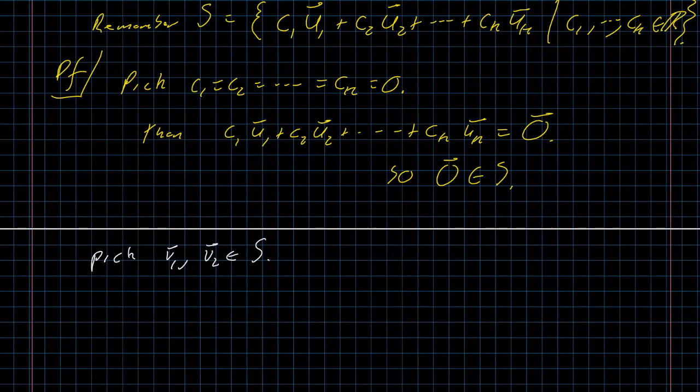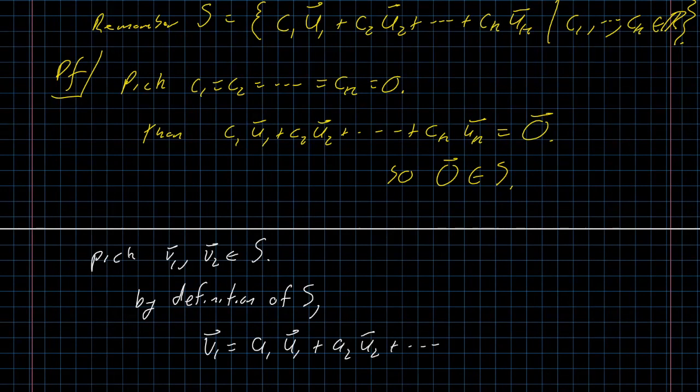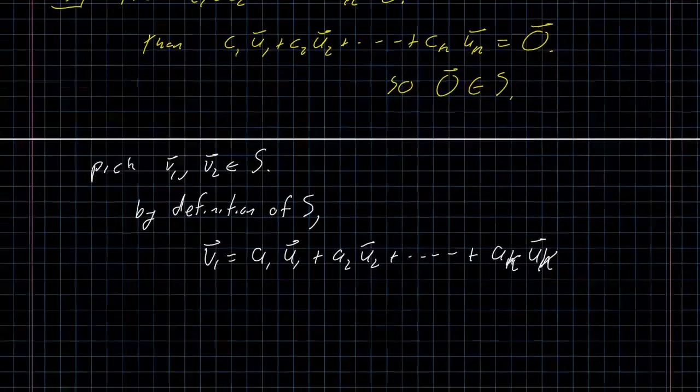So let's pick a couple of vectors, v1, v2 in S, and let's prove this again. By the definition of S, we know, of course, that v1 is a1u1 plus a2u2 plus all the way down through to akuk.